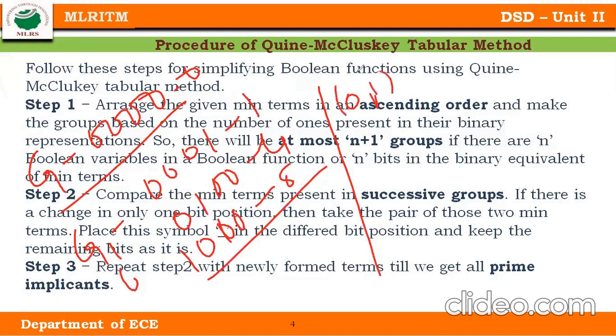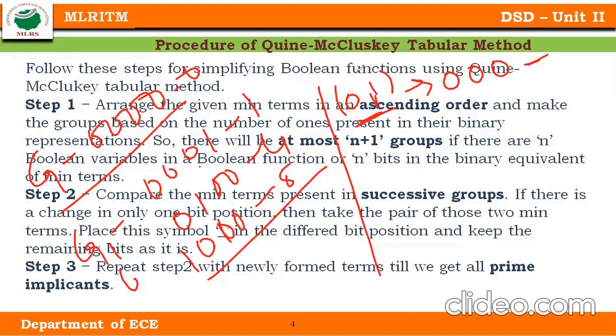Here 0 0 same, 0 0 same, 0 0 same, 0 and 1 differ, which means the last position is changed, so I'll take the value 0 0 0 and mark this position with a dash. Why have I marked? Because when I compare min terms 0 and 1, the LSB position differs.